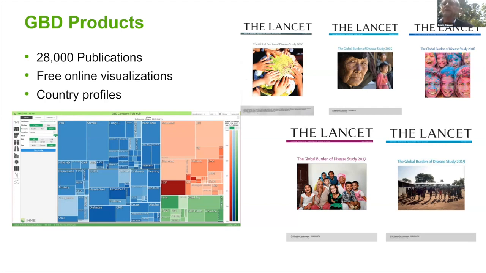They are published in the Lancet, put together into a single issue, and they emphasize the main findings of GBD on that round, because it's important to realize it's an iterative process. All is recalculated every 2 years now.